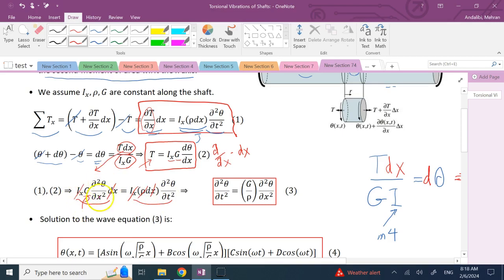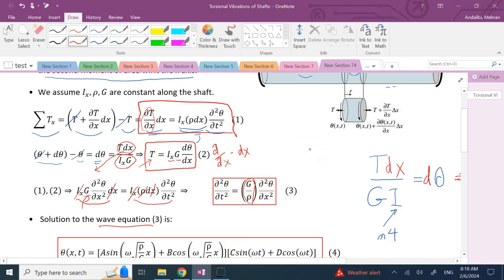So you get G over rho times the second derivative of theta with respect to x equals the second derivative of theta with respect to time, and that is this equation 3, which is the wave equation that we had in a bar, or beams, when I talked about the vibrations of beams in one of my earlier videos. We came down to something similar to this, and this term here was the square of the wave propagation speed through the medium.